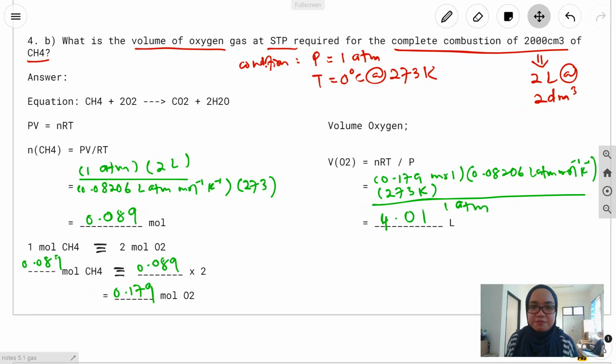It's very simple. Okay, alright, I think we are going to stop here for now. Tomorrow, I will continue to explain question 5, 6, and 7, and I will enter Dalton's law.